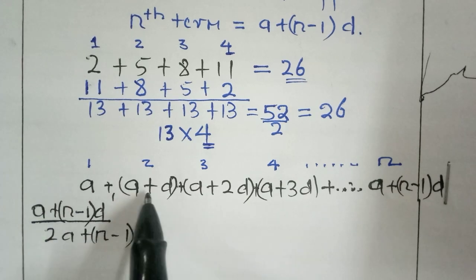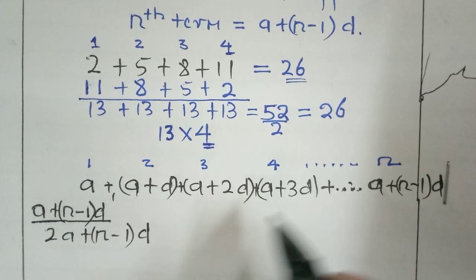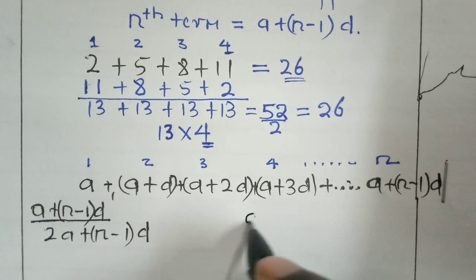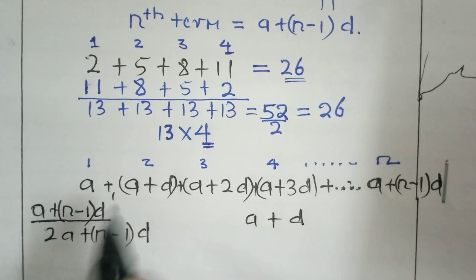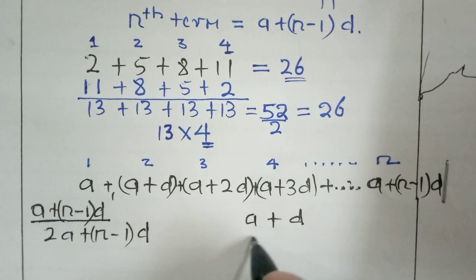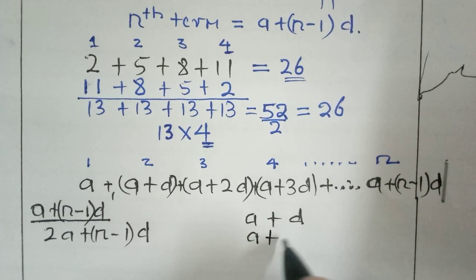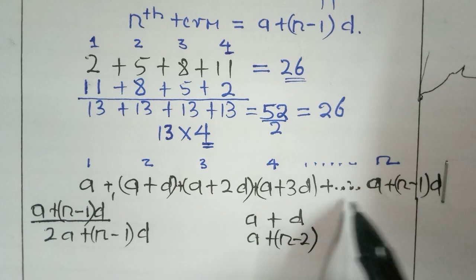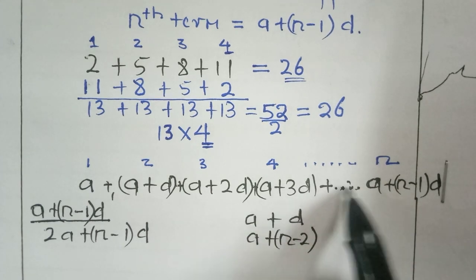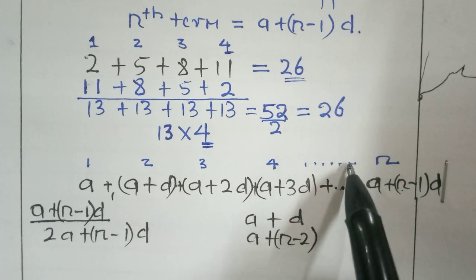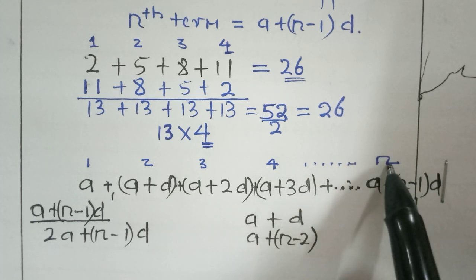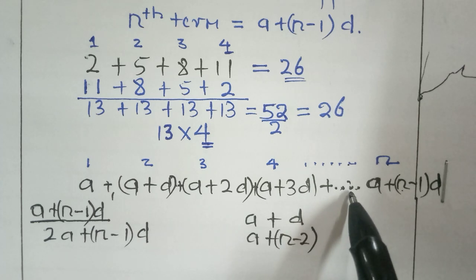If we come to this, let's try this and see what we shall get. We shall have a plus d, and then the number we put here will be a plus n minus 2 d, because remember that this number is less by 1 from n, so this one will be less by 2.